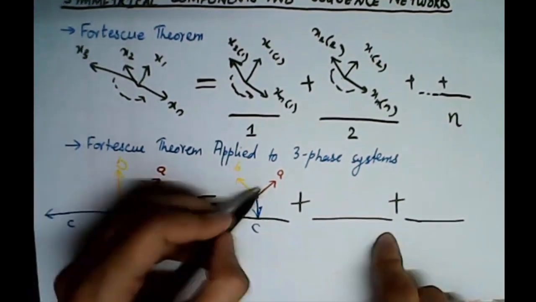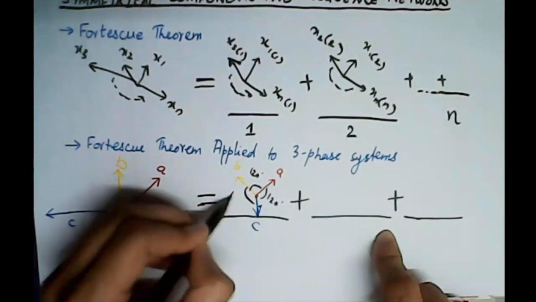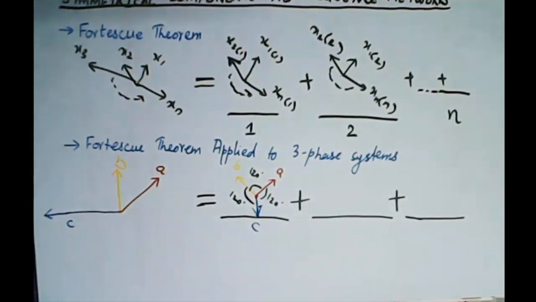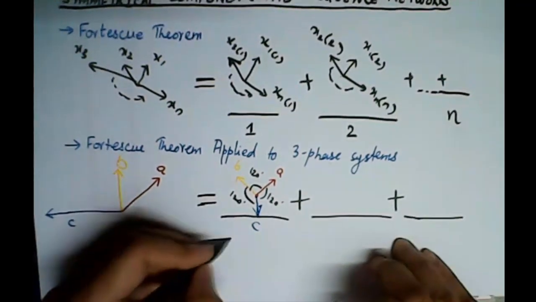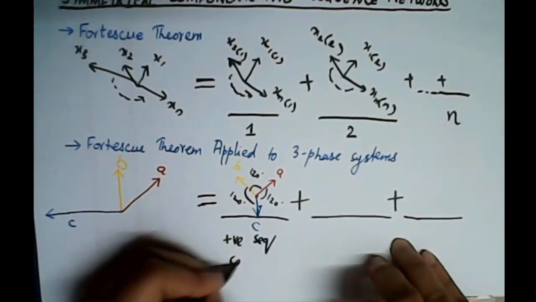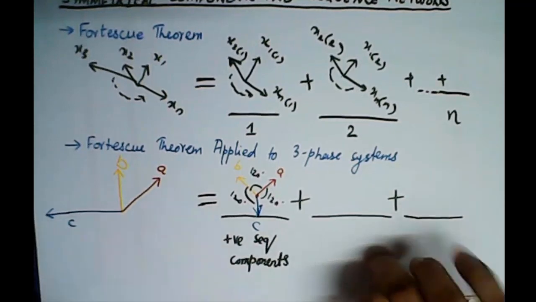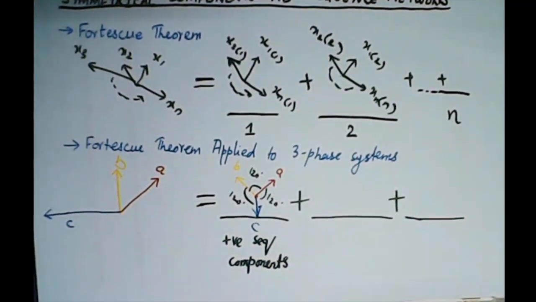Why? Because these are all balanced, 120, 120 and 120. These are referred to as positive sequence components, because the direction of rotation is the same.